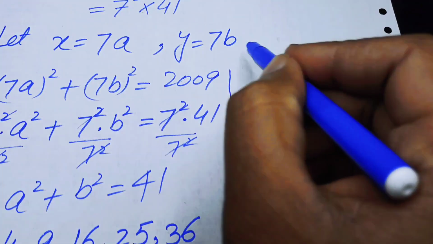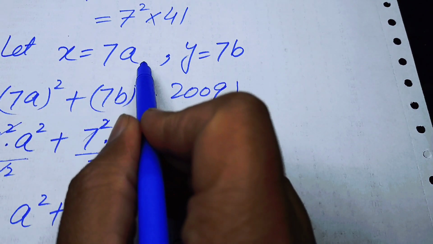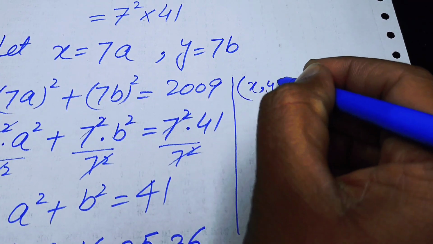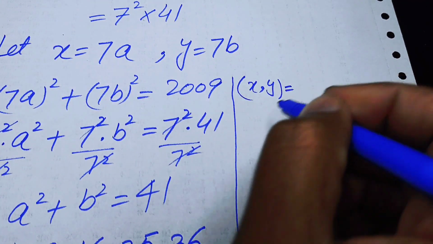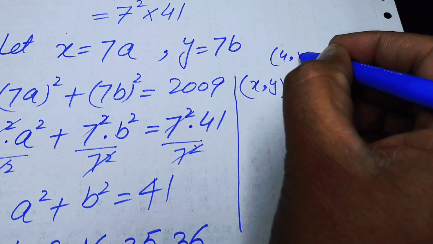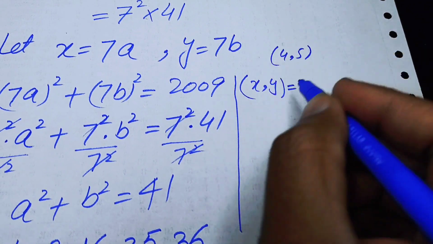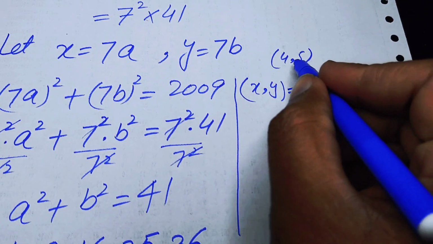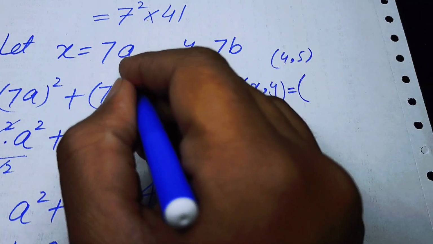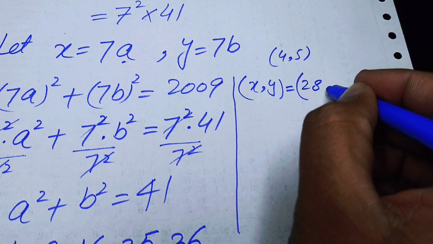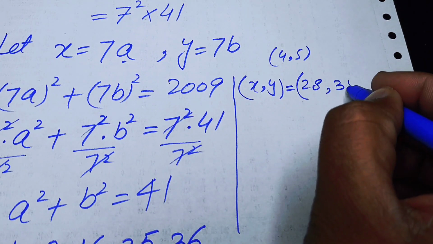Here you can see that x is equal to 7a and y is equal to 7b. So when I choose the pair 4, 5, the value of a is 4 and the value of b is 5, so when we substitute, we get x is 28 and y is 35.